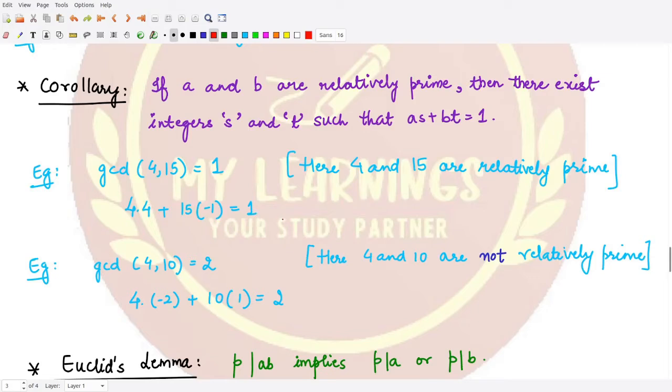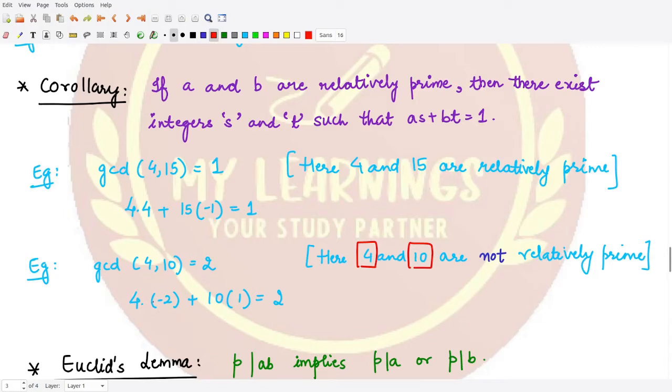Now suppose you take two integers which are not relatively prime to each other. Suppose you take 4 and 10. In this case, the GCD of 4 and 10 is 2, right? So here the GCD is 2.